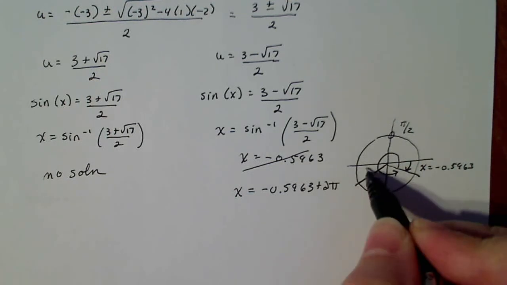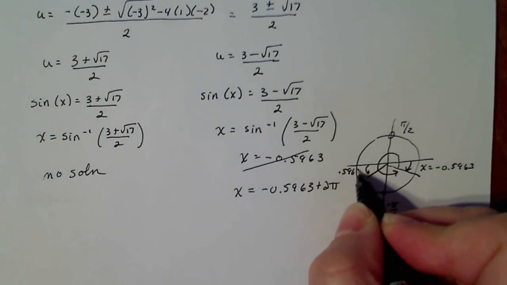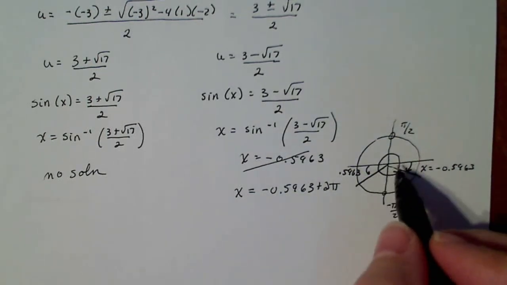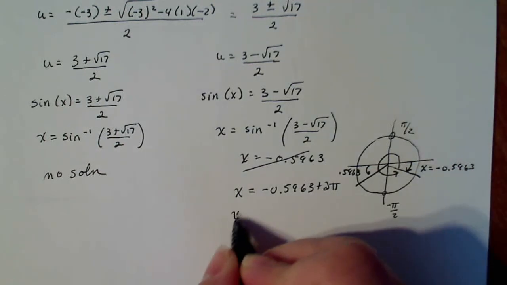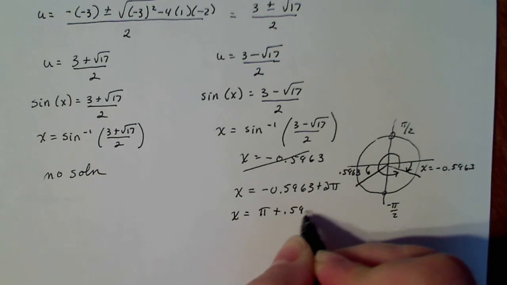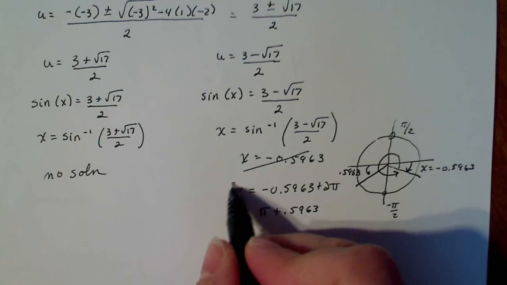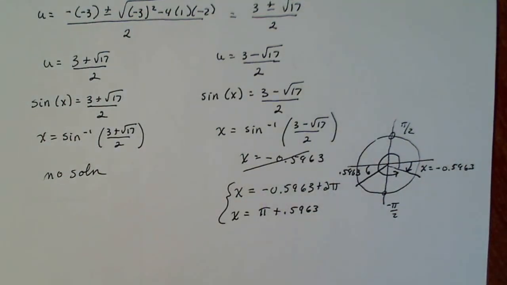Has the same reference angle down here, 0.5963. And so in order to get that angle in quadrant 3, I'm going to have x equal pi plus 0.5963. And therefore, I have my two angles that solve my original trig equation on the interval from 0 to 2 pi. Just leave them like that. Don't type them in your calculator or anything, because then it's really clear about how you came up with the angles for your answers.